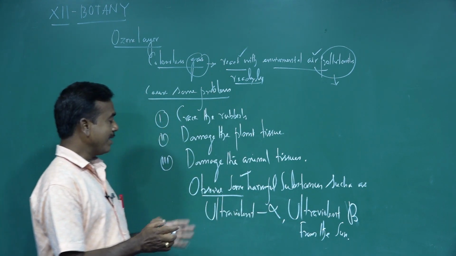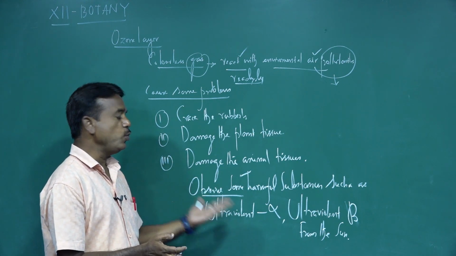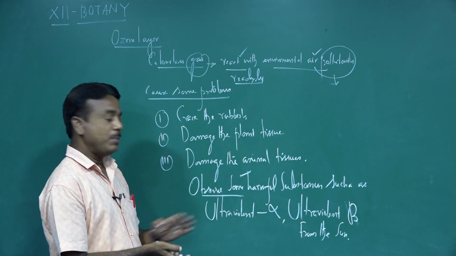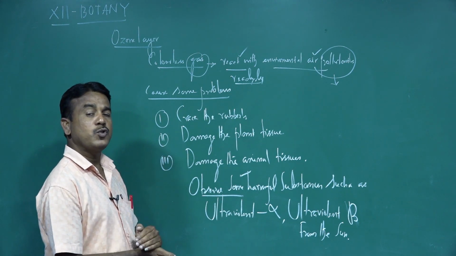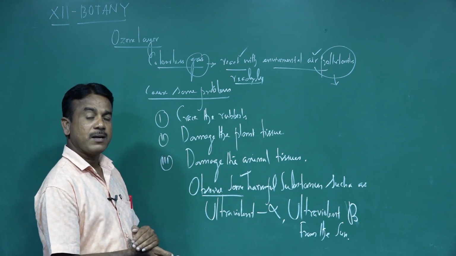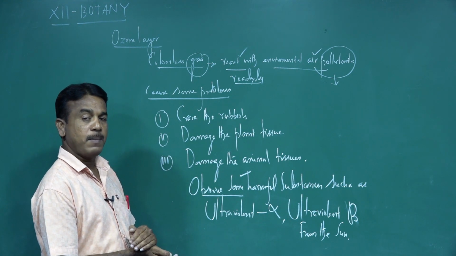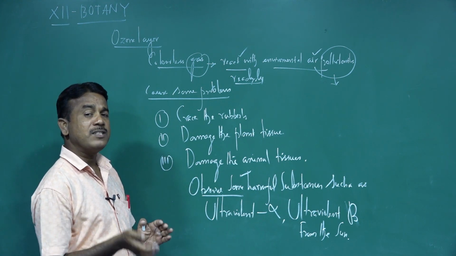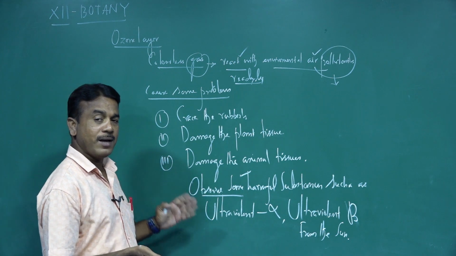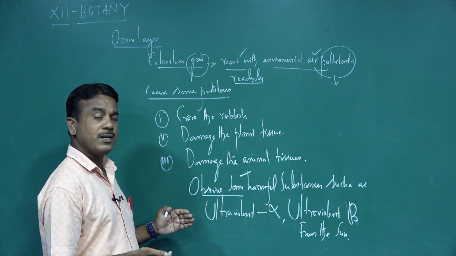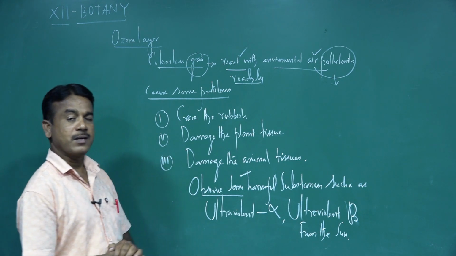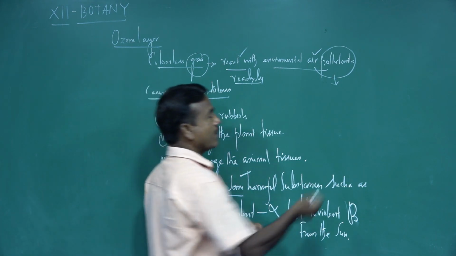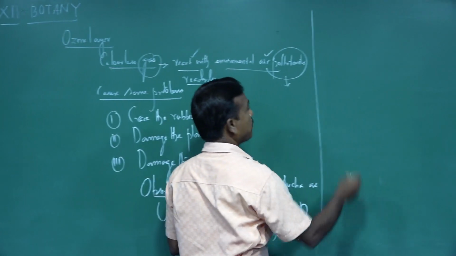Why does that layer absorb UV rays from the sun? Because if UV enters the earth directly, it can cause many kinds of problems. In order to prevent this, that layer protects against UV alpha and UV beta. In addition, what is commonly called the Dobson unit?